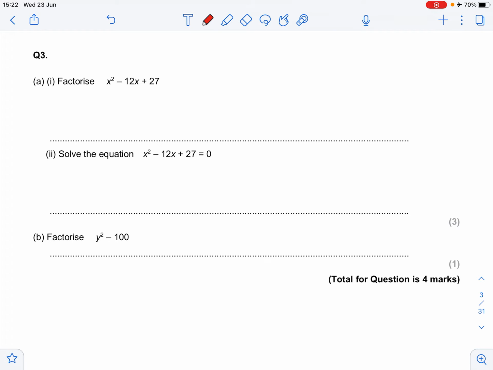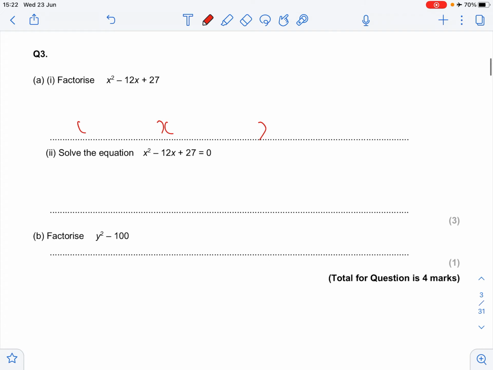Question 3, factorize. Factorize just means putting this into 2 double brackets. And the step I showed you, if it's just x squared, that means we're going to put x as the first part. Then remember how we said it?